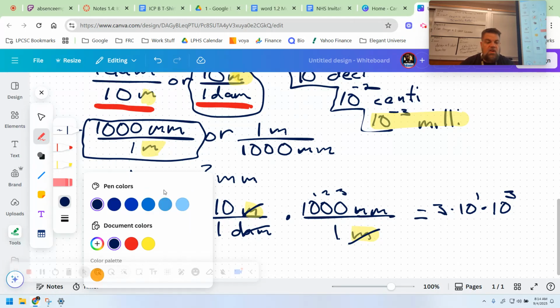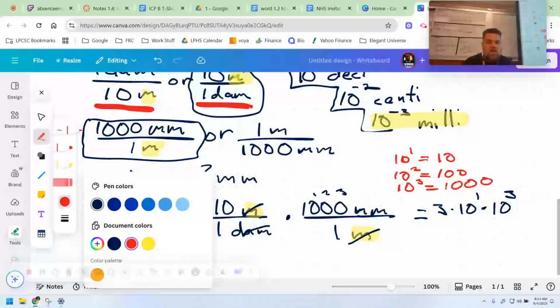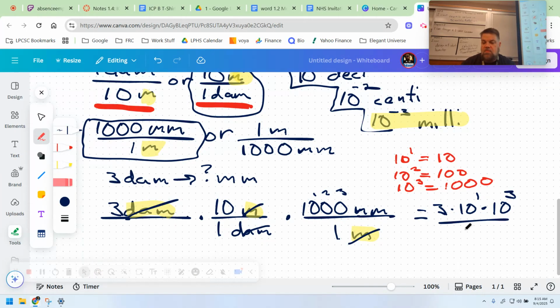So on a side note, just say that 10 to the first power is equal to 10, right? 10 to the second power is equal to 100, right? And 10 to the third power is equal to 1,000. So that's what we're kind of doing here, right? Whatever power of 10 you have, that's how many zeros you have. Well, all this stuff is going to be over 1 times 1.